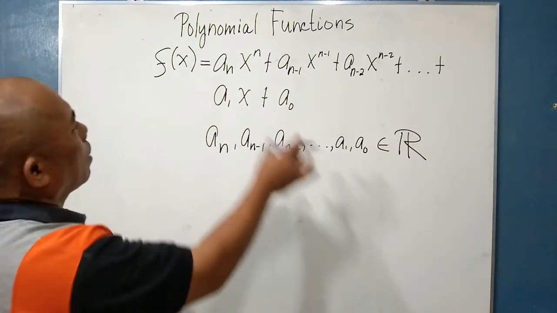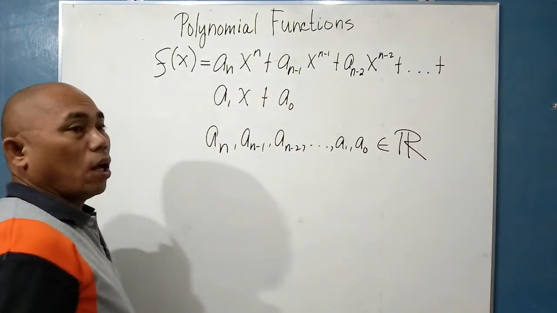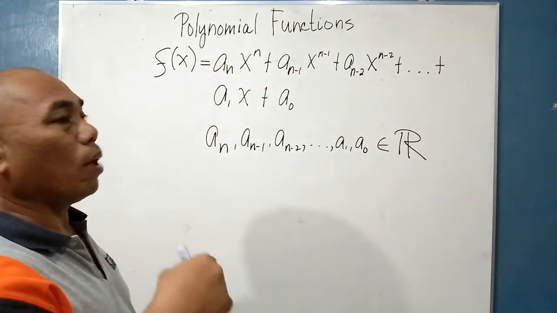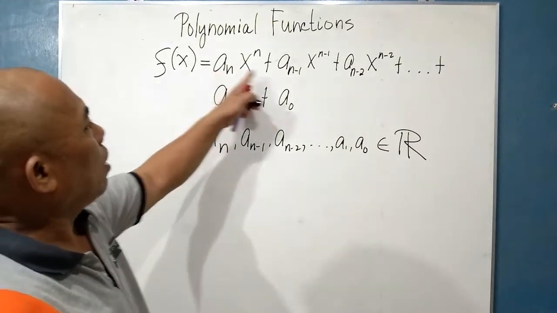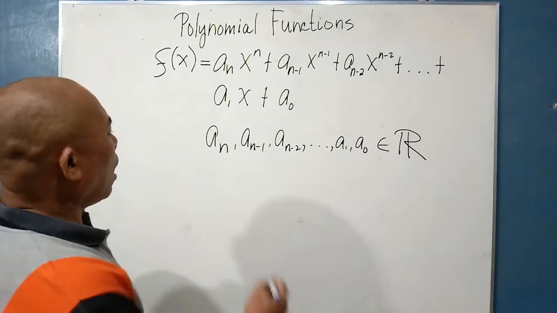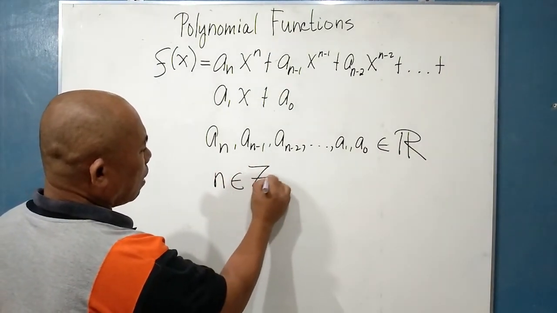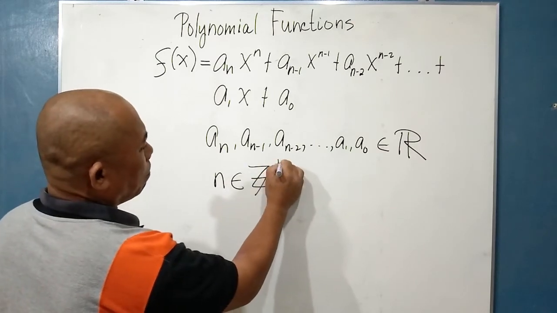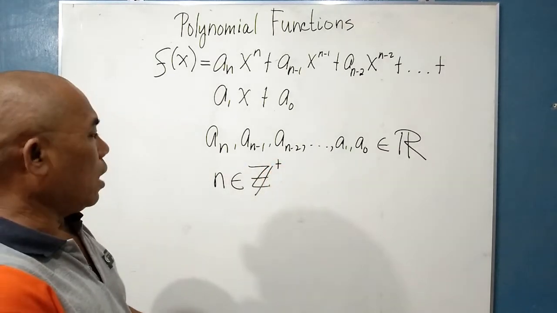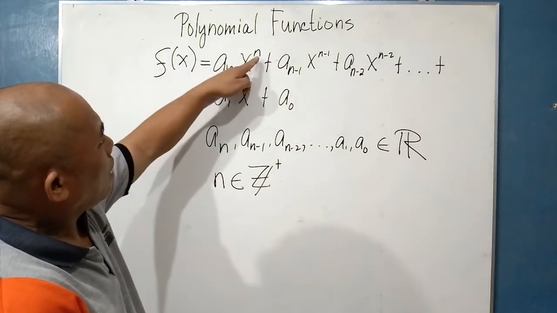No? So, kini mao ang itong ato pong tawgon nga mga numerical coefficients. And these are real numbers. Ang atong n is a positive integer. Okay?